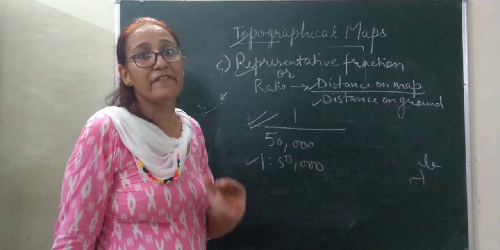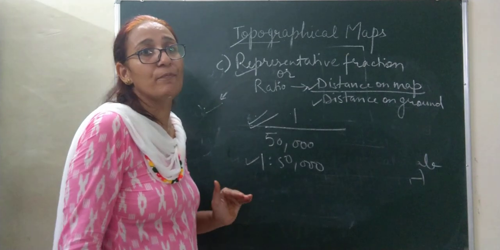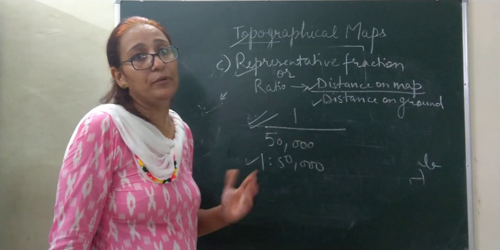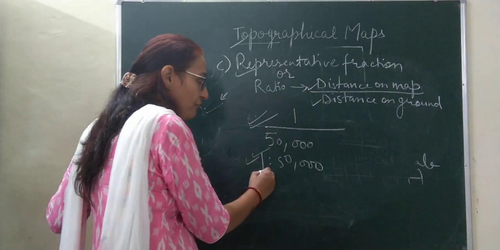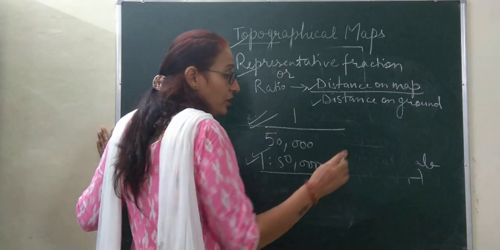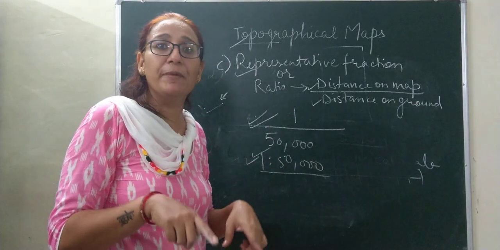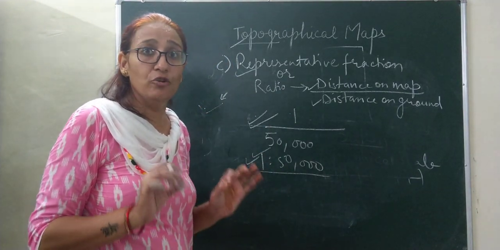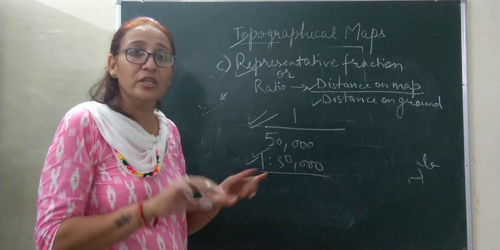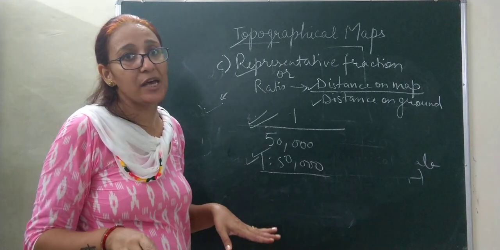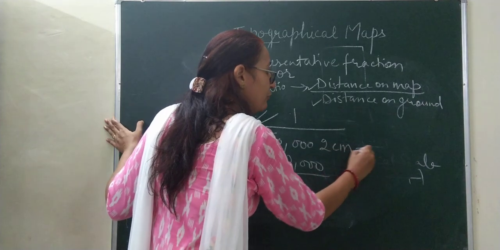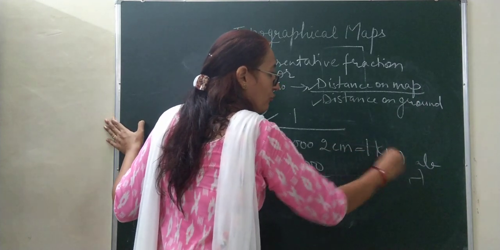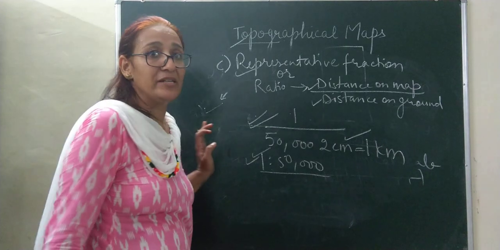All three ways are given in your map, at the bottom of the map you can observe. What is the scale of all the maps given in your book? The scale is the same. Topographical maps are prepared on the same scale, that is 2 centimeters is equal to 1 kilometer. What is this? This is statement scale.